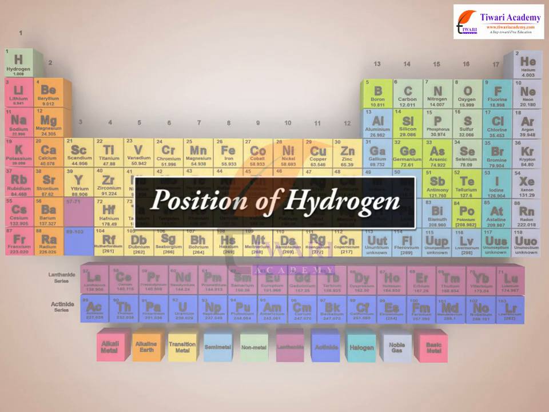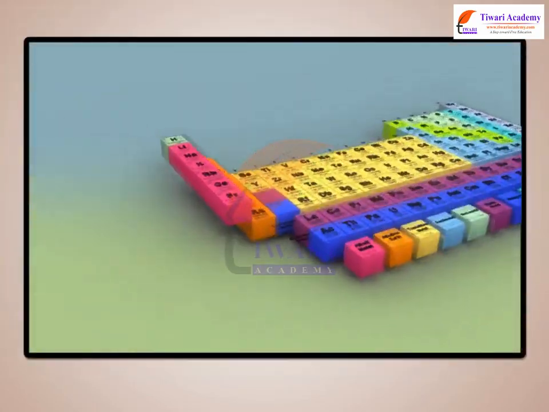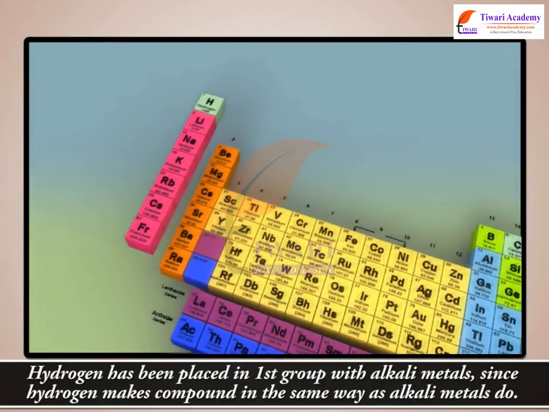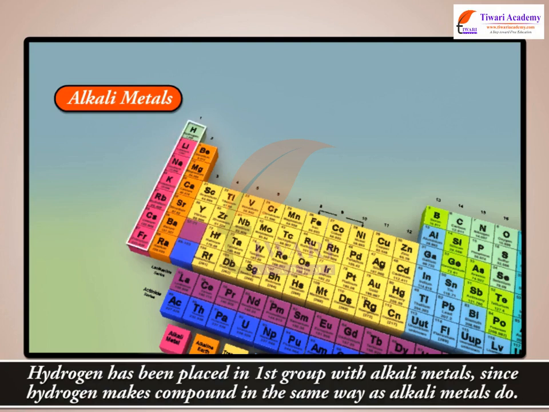Position of hydrogen. Hydrogen has been placed in the first group with alkali metals, since hydrogen makes compounds in the same way as alkali metals do.